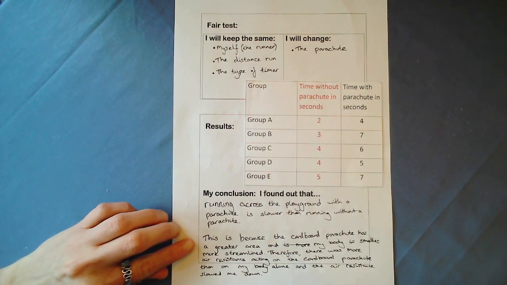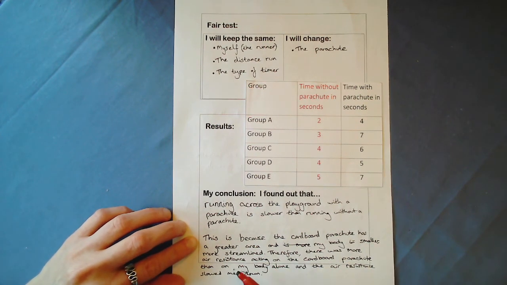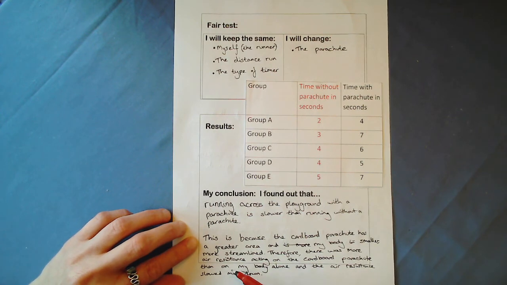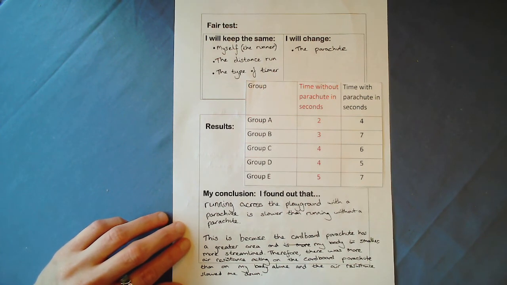So I've written, this is because the cardboard parachute has a greater area and my body is smaller and more streamlined. Therefore, there was more air resistance acting on the cardboard parachute than on my body alone, and the air resistance slowed me down.